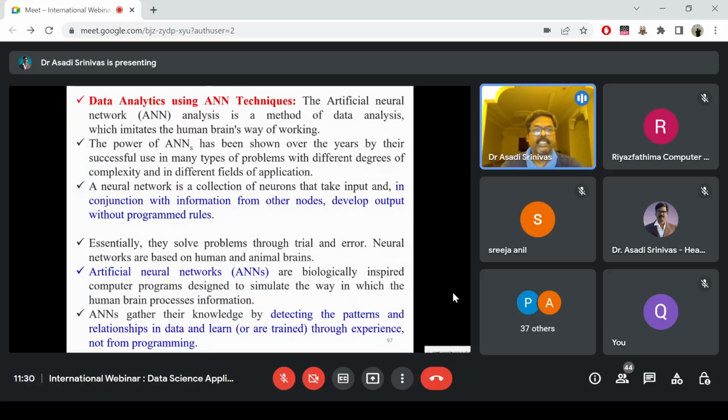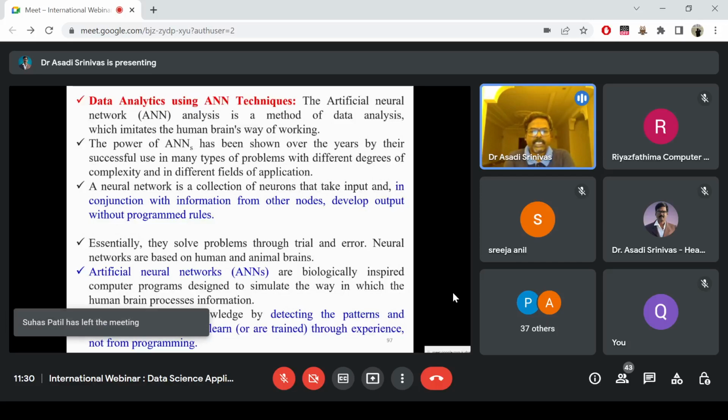And if you see data analytics using artificial neural networks, we are using various feed forward and back forward neural networks. Neural network is a collection of neurons that take in, in conjunction with information from other nodes, develop output without programmed rules.